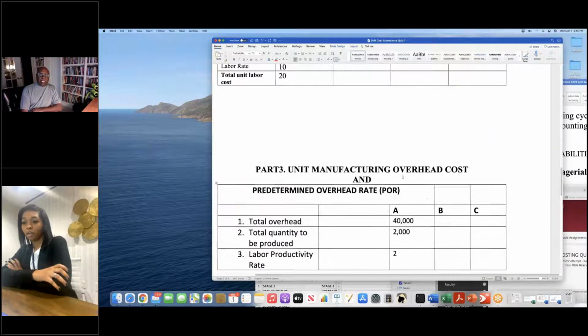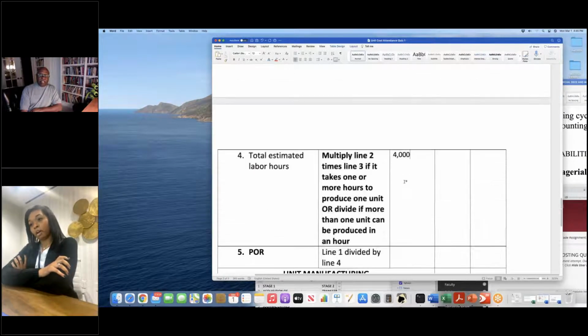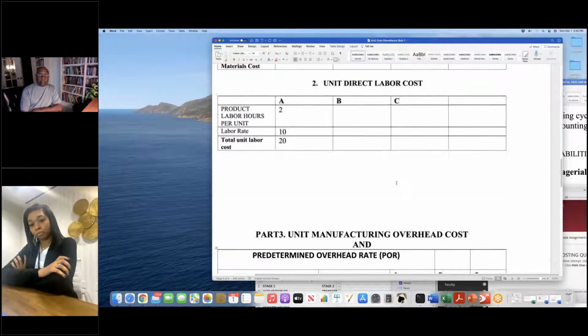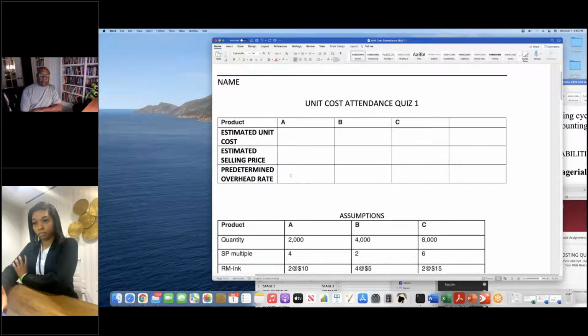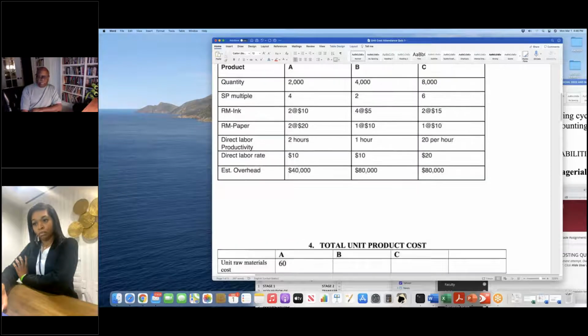Our POR is 40,000 divided by 4,000. So how much is that? 10. That's one of our answers. We take that up to the top, the predetermined overhead rate.